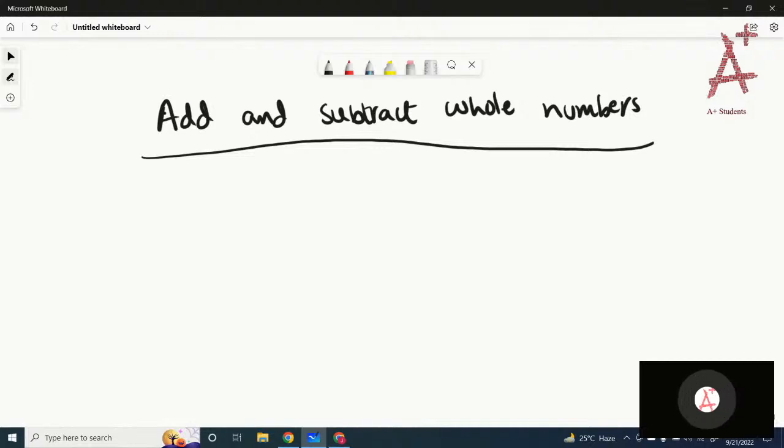The first one is 459 subtract 92. We have different questions on tutorials, so you just need to understand the concept. So you have to subtract 92 out of 459. So write the numbers.